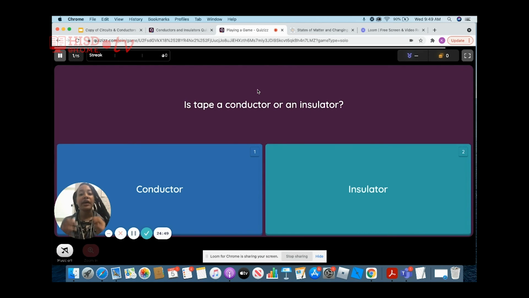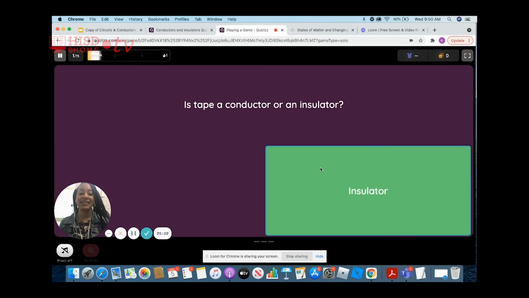All right. So is tape a conductor or is it an insulator? Right. It is an insulator.